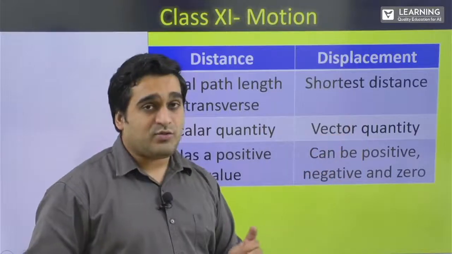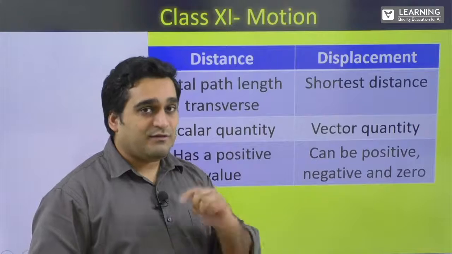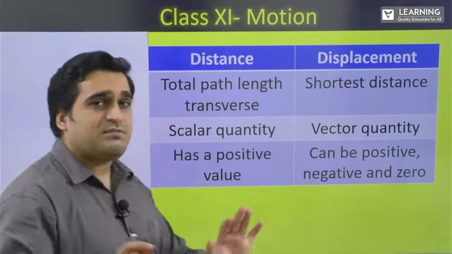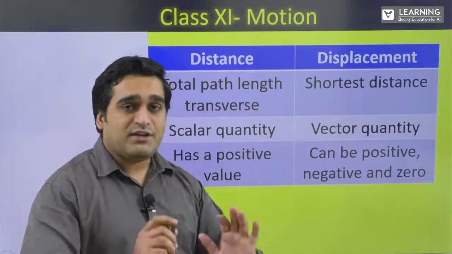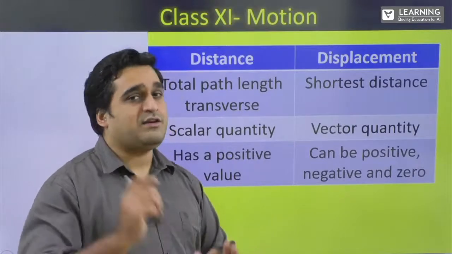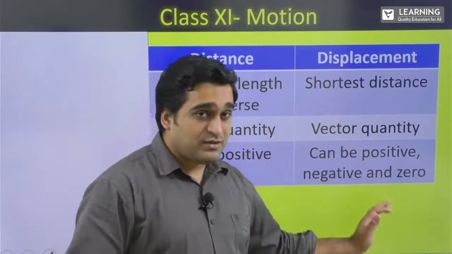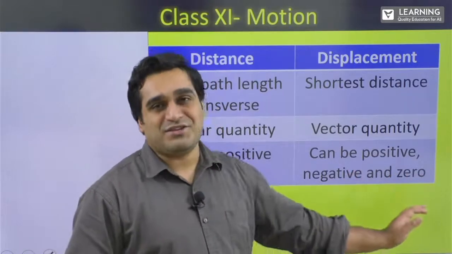Displacement is a vector quantity which requires a direction, positive or negative, which we noticed earlier. Distance only has a positive value. It cannot be negative. If the object is moving, it should have only a positive value. But displacement, on the other hand, can be positive, negative, and zero.